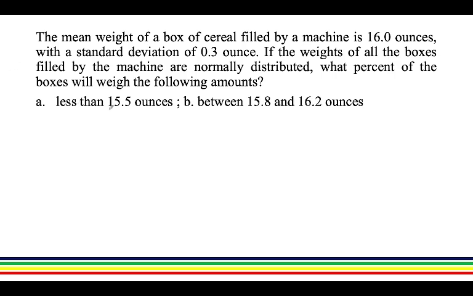So for letter A, we have 15.5 ounces. This is equivalent to 15.5 minus the mean of 16 divided by the standard deviation of 0.3, and that is negative 1.67.